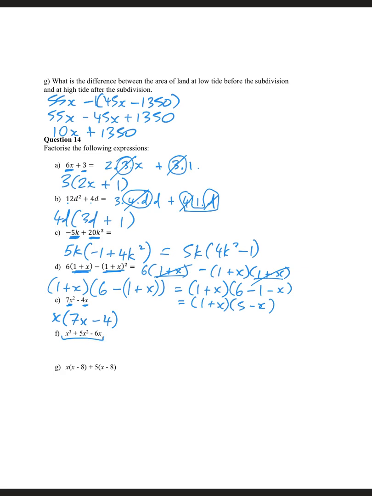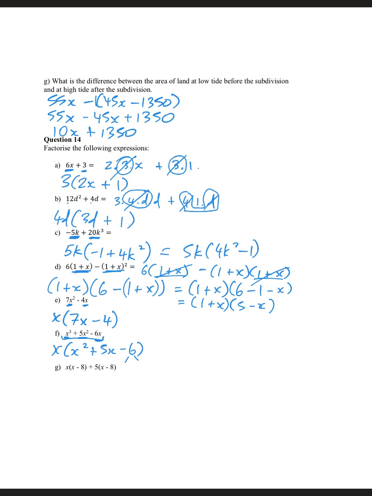Factorize this. You have a common factor in all of these of x, so that goes out the front. To get x cubed, I have to times it by x squared. To get 5x squared, I have to times x by 5x. To get negative 6x, I'd have to times it by negative 6. This isn't fully factorized yet.